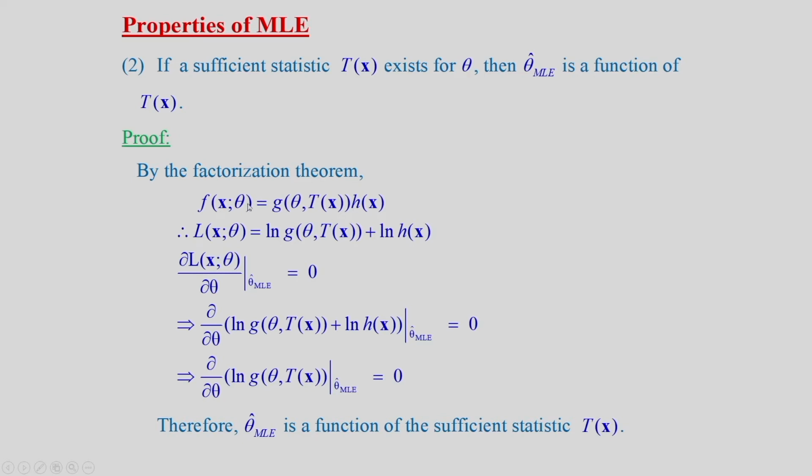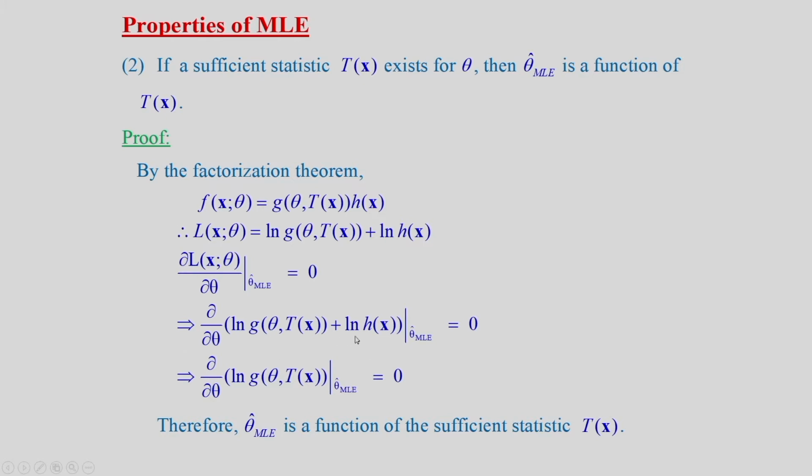This is the factorization theorem: one part involves this statistic and theta, and the other part is simply a function of x. Therefore, if we take the logarithm, the log likelihood function will be log of g theta T(x) plus log of h(x). Now, since del L del theta at theta hat MLE is equal to 0, we get del theta of log of g theta T(x) plus log of h(x) at theta hat MLE must be equal to 0.